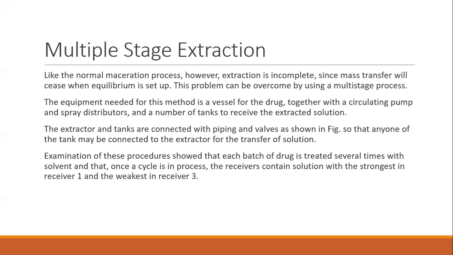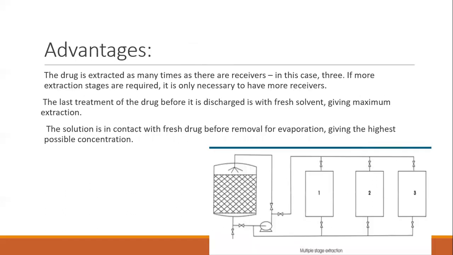Examination of these procedures shows that each batch of drug is treated several times with solvent, and that once a cycle is in process, the receivers contain solution with the strongest in receiver 1 and the weakest in receiver 3. This is how it is done.